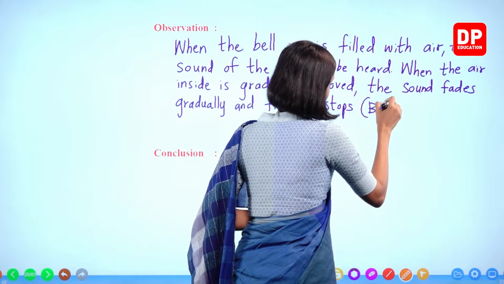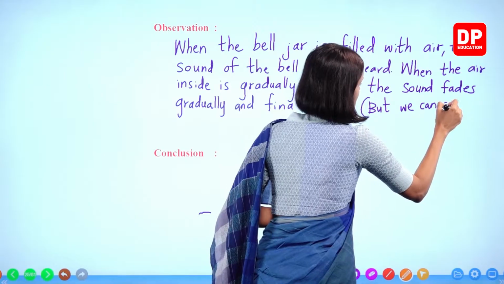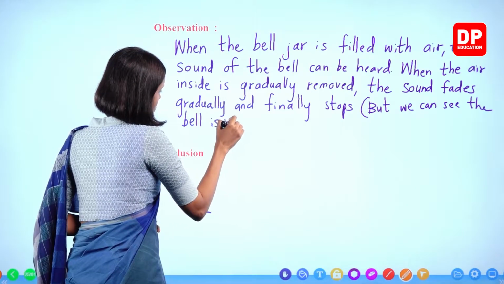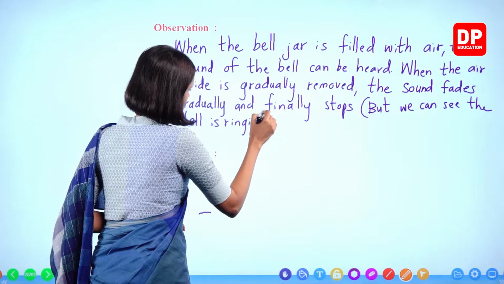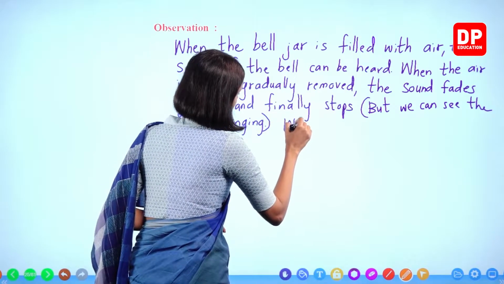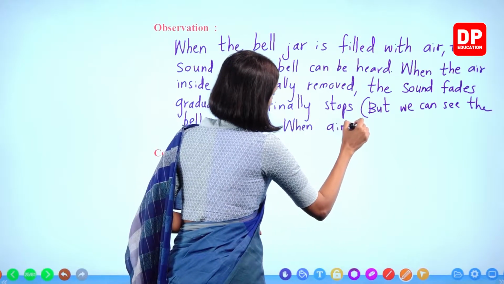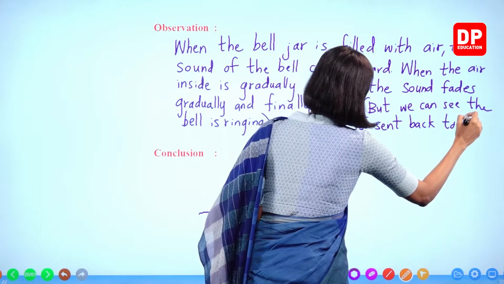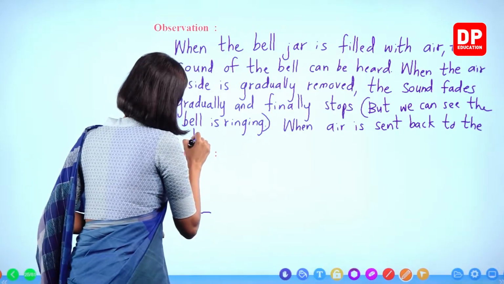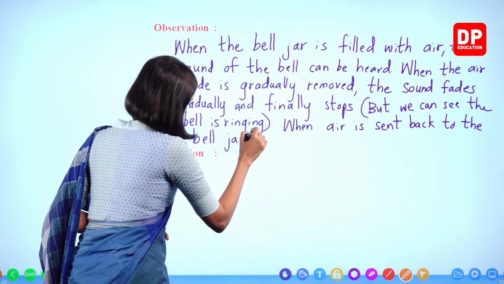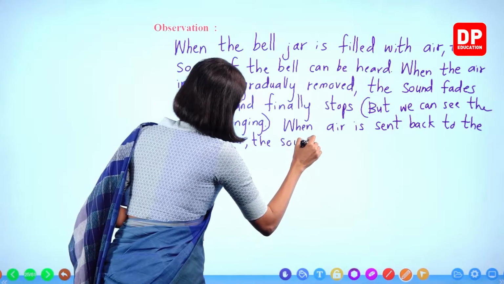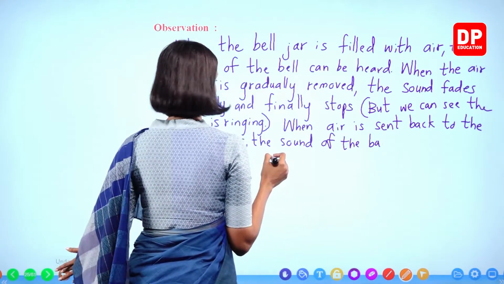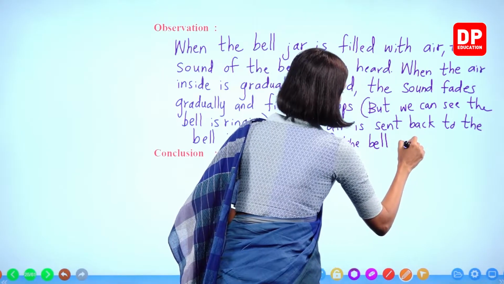But we can see the bell is ringing. When air is sent back to the bell jar, the sound of the bell can be heard again.